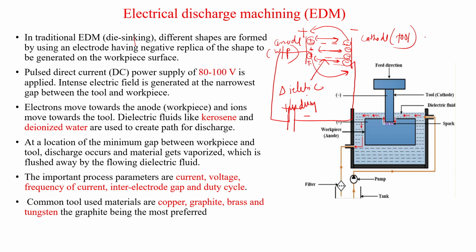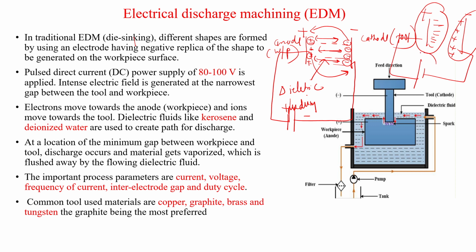After some time, near the positive all the negative charges come because of the attraction, and near the negative all the positive charges come. So this has an attraction now and this has an attraction now. It is connected to a voltage supply.